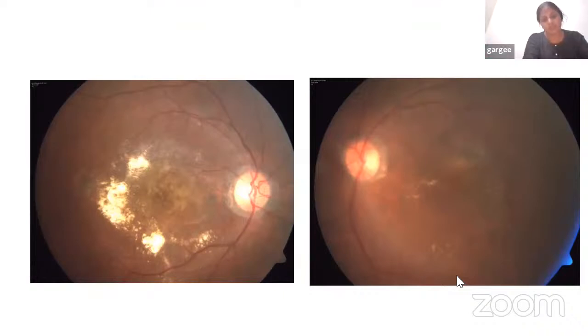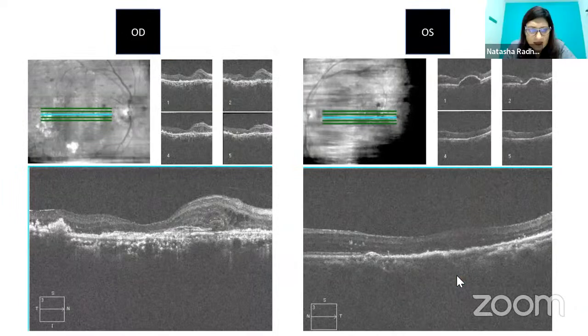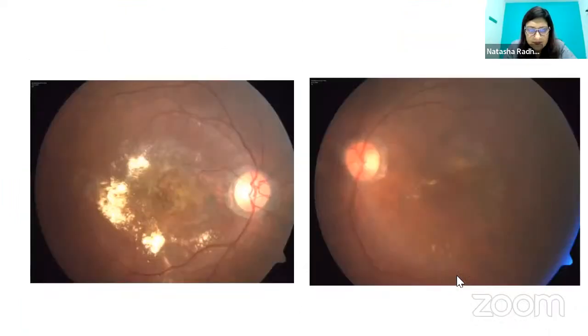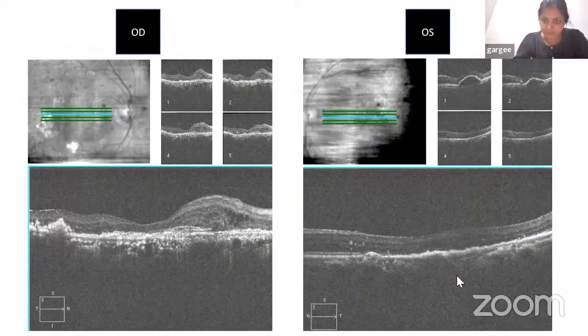So this is a clinical picture of the right eye, suggestive of multiple hard exudates at the macula, and the left eye also has hard exudates at the macula, in the foveal region, with some macular edema in the left eye. So this is the OCT of the right eye, showing spongy intraretinal edema nasally.